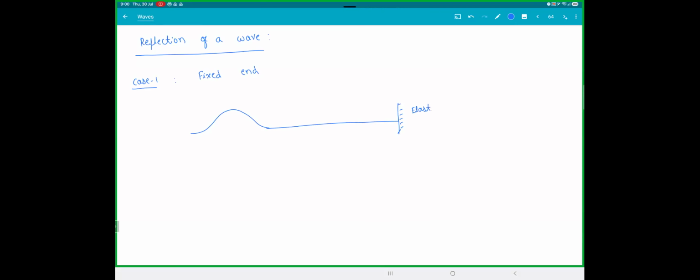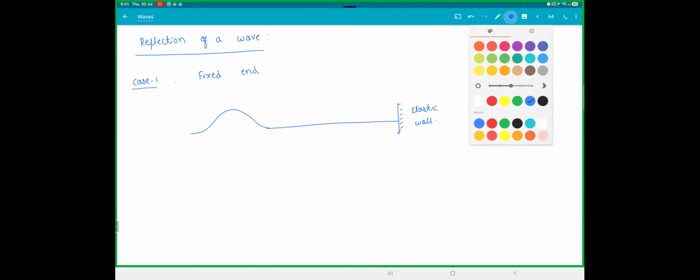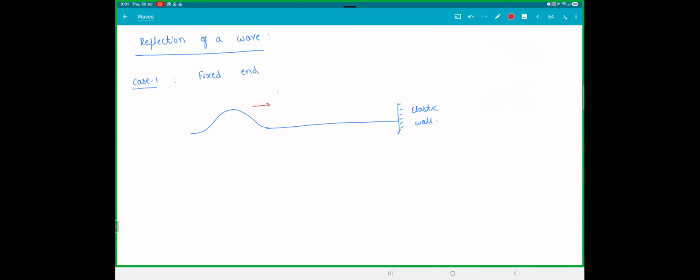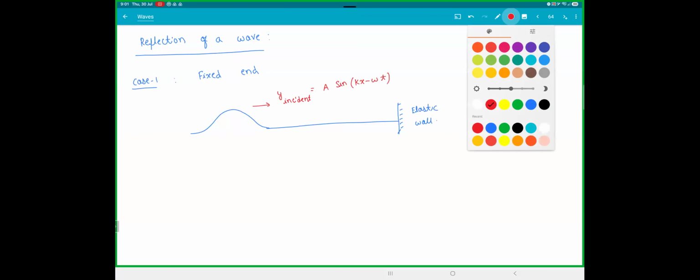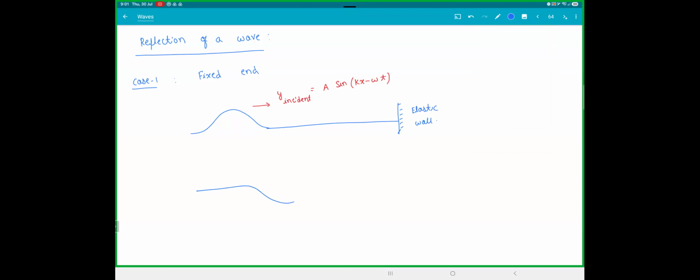So you don't lose any energy. So this pulse which is coming here, let's say this is y incident. This would be A incident into sine kx minus omega t. The wave is traveling to the right side. After hitting the wall, it gets inverted. So think of it like a perfectly elastic collision.